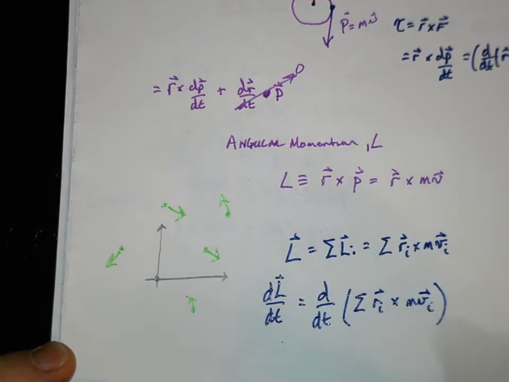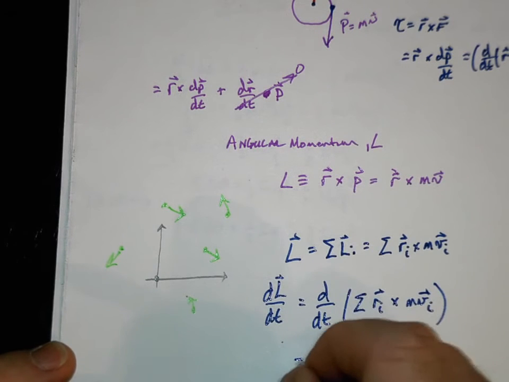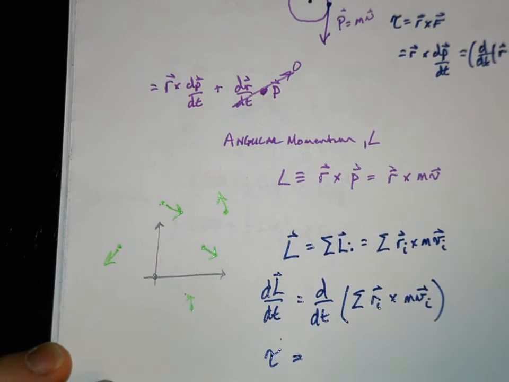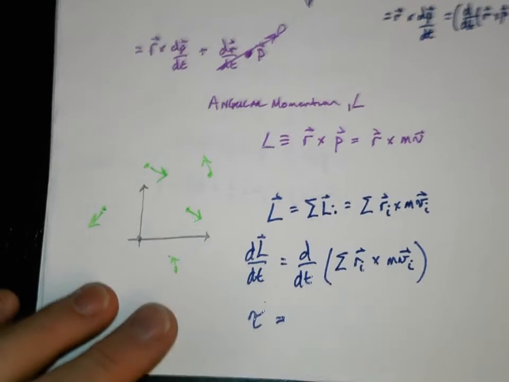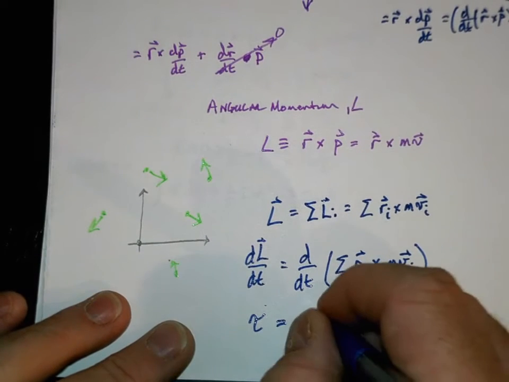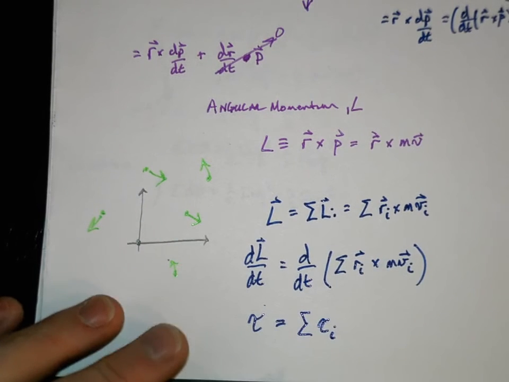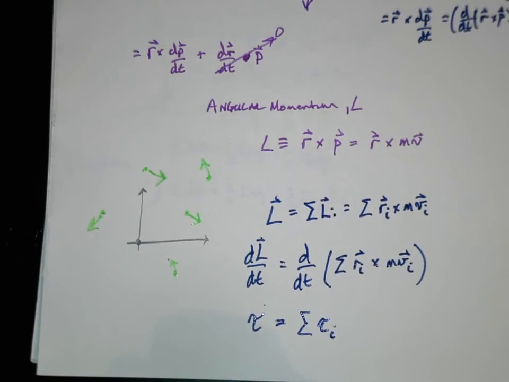Okay, which of course, if we know our math, equals the torque, our torque is going to equal the sum of our individual torques about the system, which is what we've been looking for, and so that's our relationship between our angular momentum and our torque.